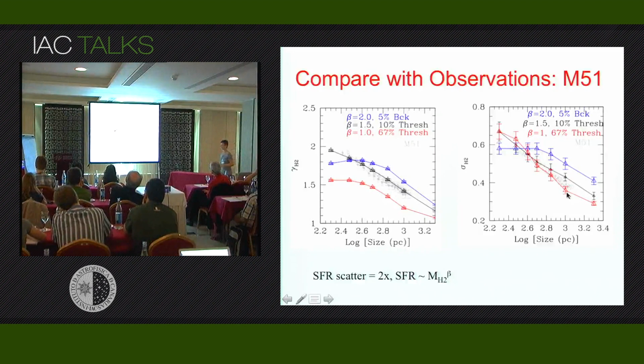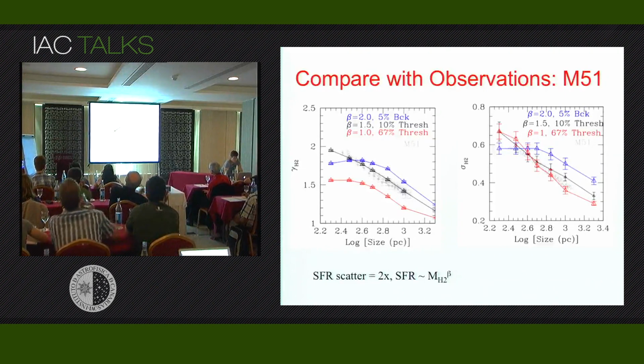What you can see is that for the scatter, I would say that both the black and red models more or less reproduce the data. The blue doesn't do it very much. What are these three models?